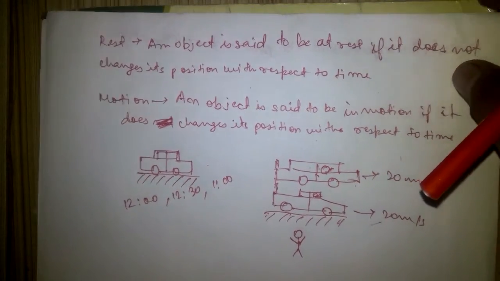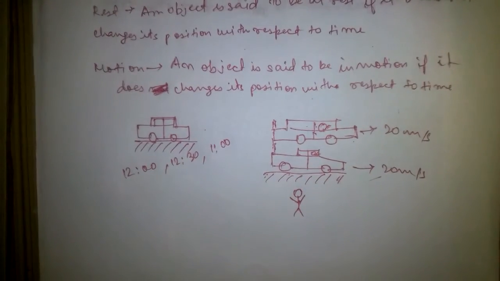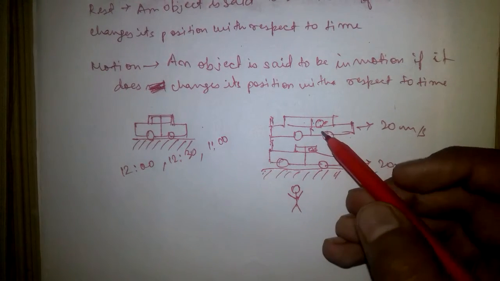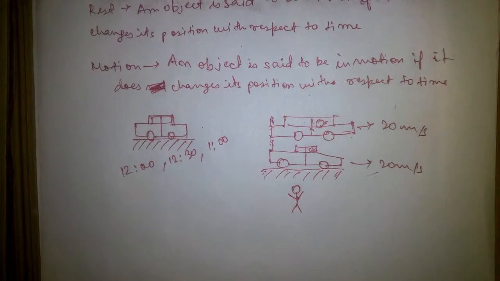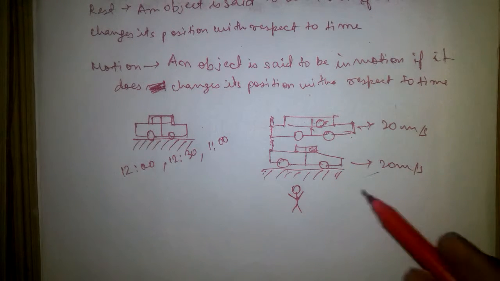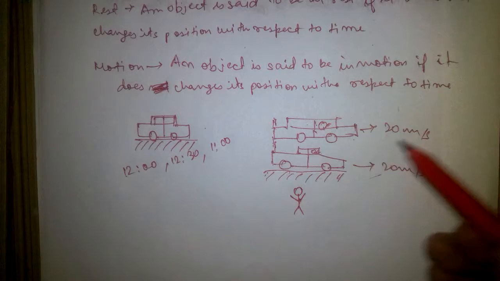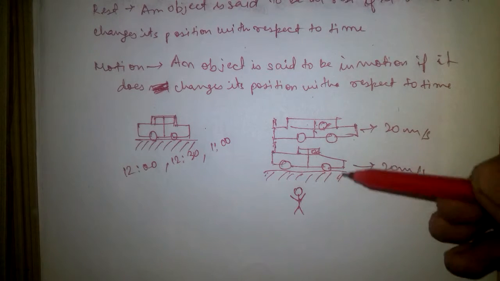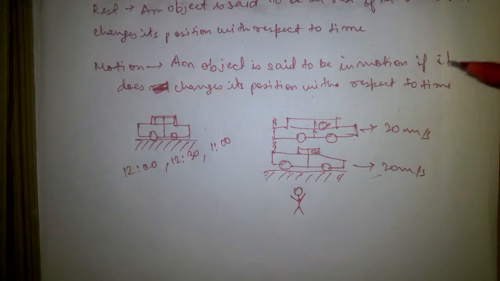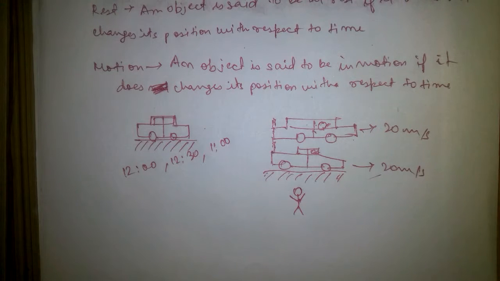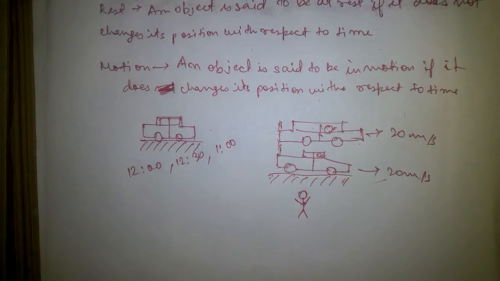So this is how motion and rest are interrelated. You see, with respect to this man both the cars are in motion, but with respect to each other both the cars are at rest. Okay, so this was all about rest and motion.